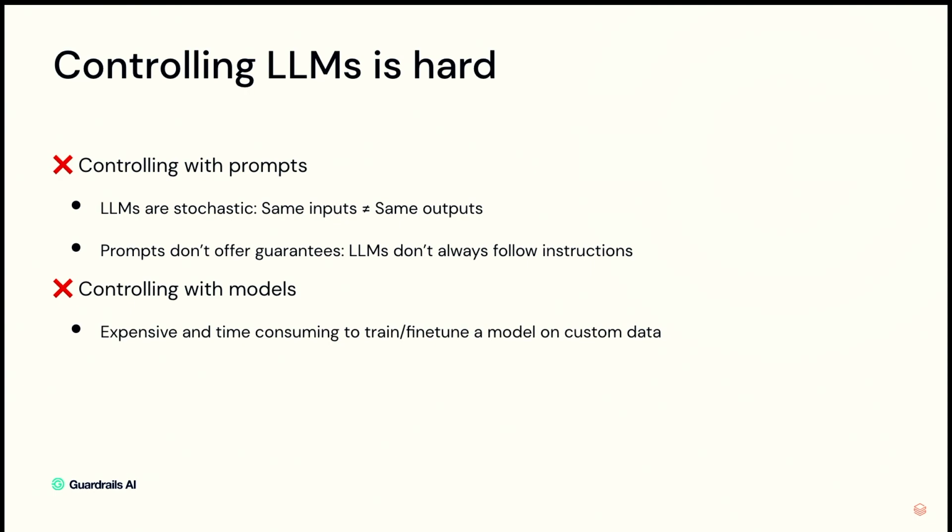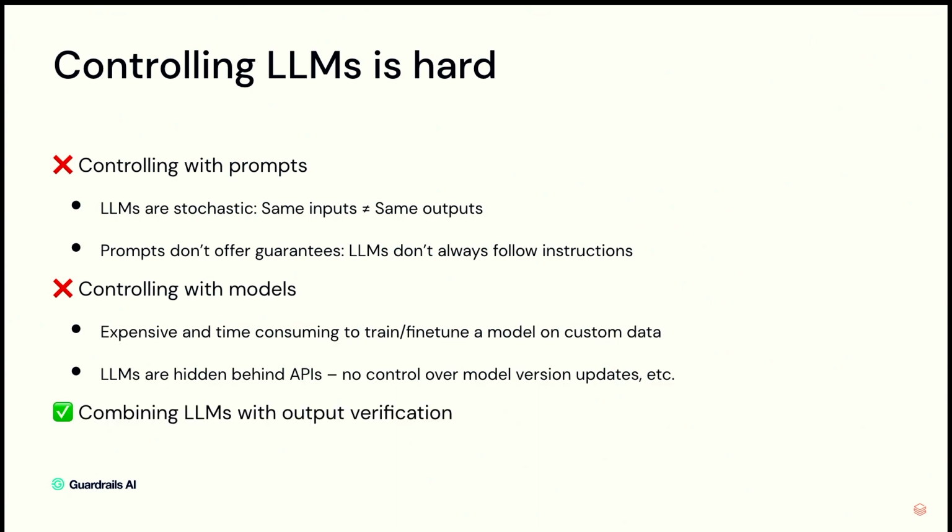You need custom data, you need to maintain the data, you need to scale out distributed training, you need to do evaluation, you need to serve, and all of this is pretty challenging. Secondly, if you're not training or fine-tuning your own custom model, then LLMs are typically hidden behind an API. So this is a model that you have no control over in terms of the data that you train it on, or its versioning, updates, etc., are outside of your control.